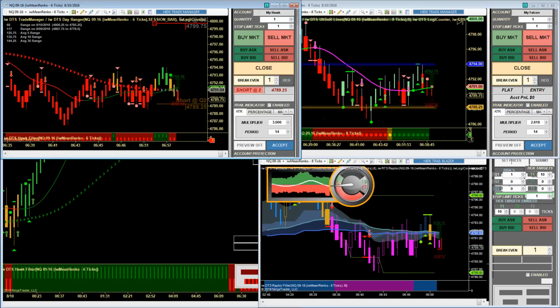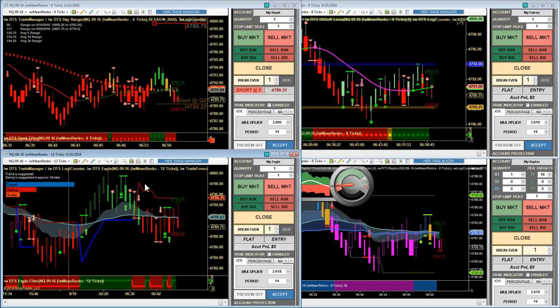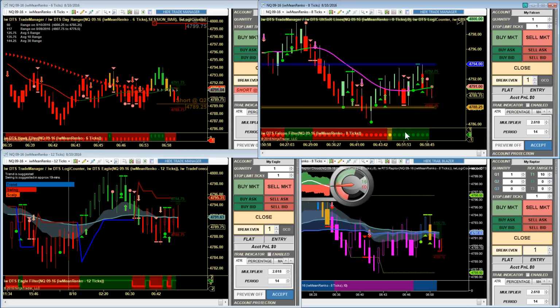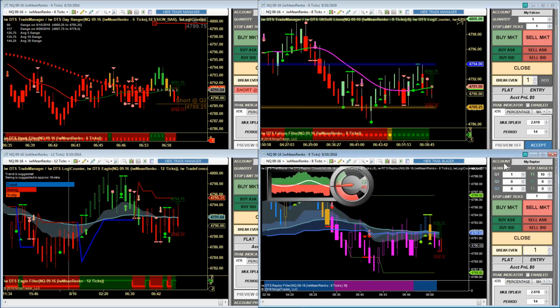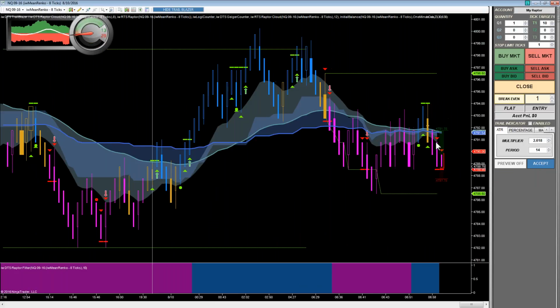But that doesn't necessarily mean that we're going to get a signal anywhere else, right? Because why? Well, because, hey, the market's not in trend mode, so why should we get a signal on the Eagle? Or maybe the market's not swinging. We may not get a signal on the Falcon. And yes, the Raptor is a hybrid, so it is a little bit more responsive. We should get a signal here.